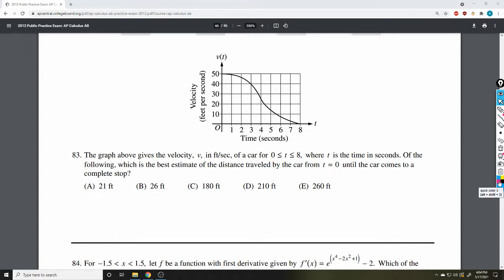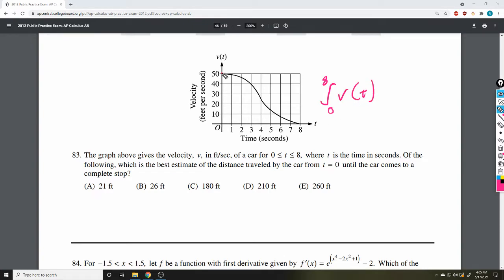The way that I would approximate this is to use a Riemann sum, since I want to know my integral from 0 to 8 of v of t.